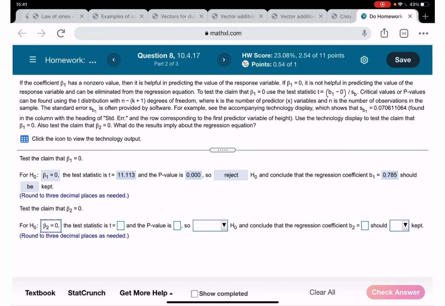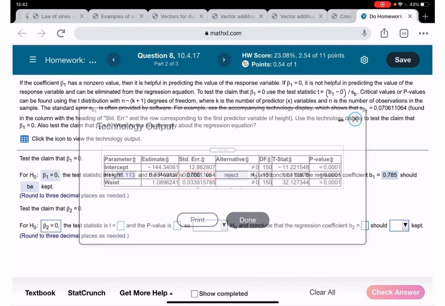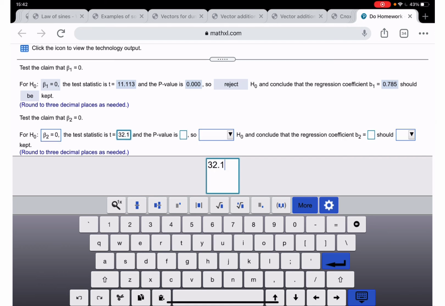The test statistic is for the waist, because B2 is our waist. It's given as 32.127. The p-value in the same way is all 0.